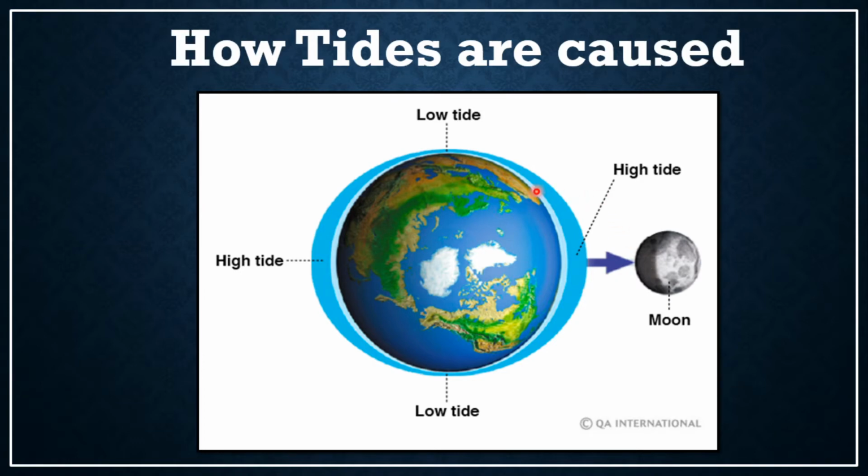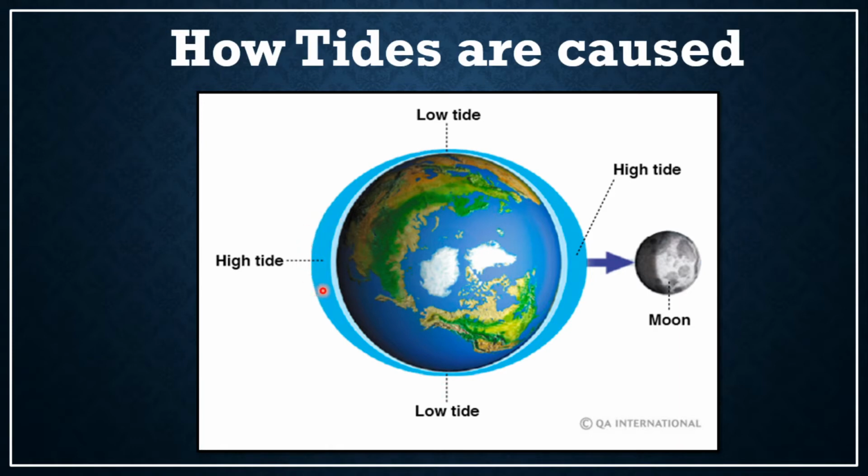So this is an ordinary high tide. Why? Because of the gravitational attraction of the moon. Now the water at these two areas have been lowered because of the piling of the water over here. So here and on this side we find two areas having low tides.